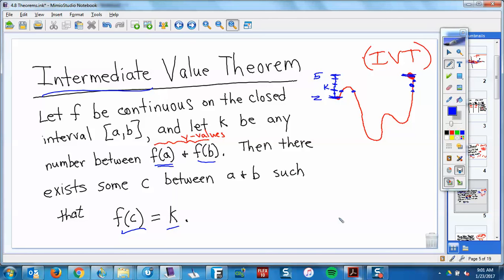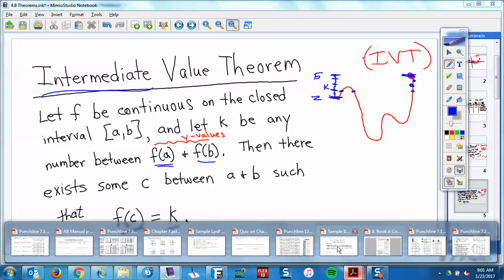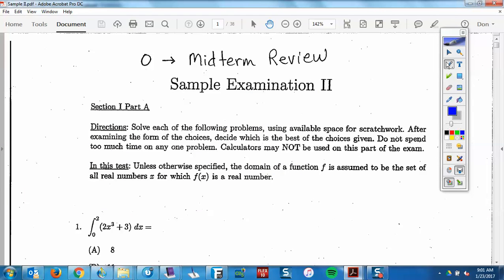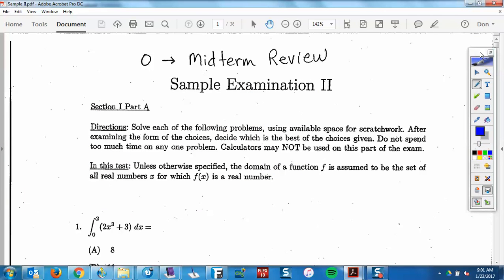All right, so let's get your sample packet out. Sample 1 or sample 2, I don't care. Let's take a little bit of time to go over some questions and see what you might have there.